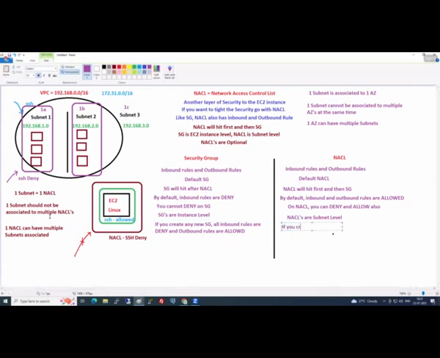If you create any new NACL, all inbound rules and outbound rules are denied.